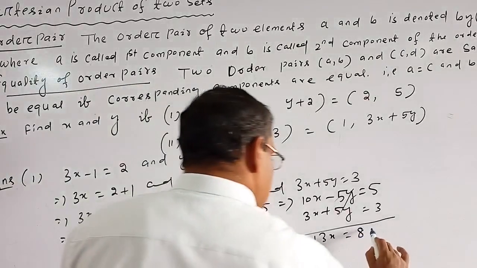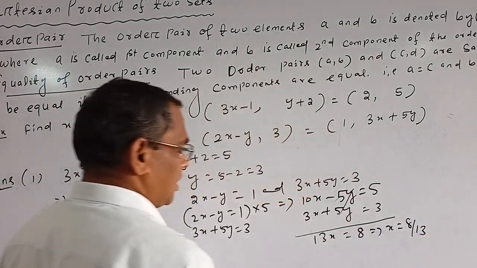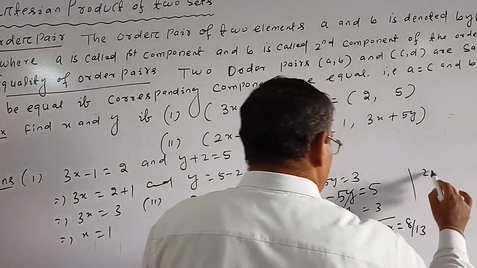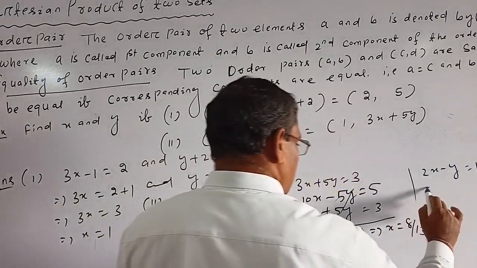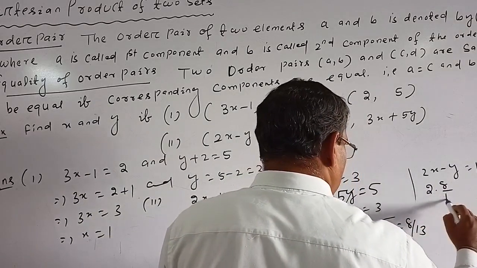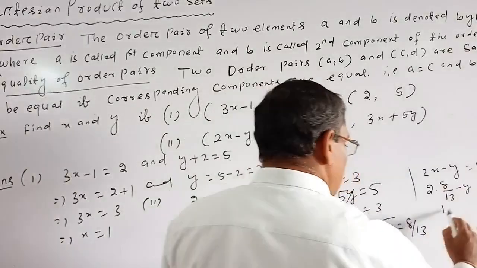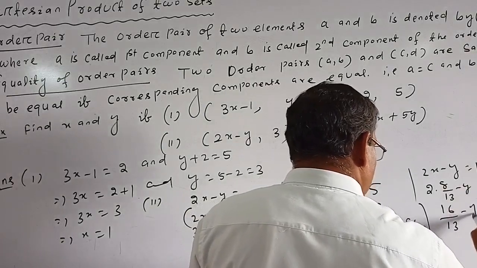That implies x is equal to 8 by 13. So x is 8 by 13. Now put it in the equation. So 2x minus y is equal to 1. That implies 2 into x, meaning 8 by 13, minus y is equal to 1. So 2 into 8 is 16. So 16 by 13 minus y is equal to 1.